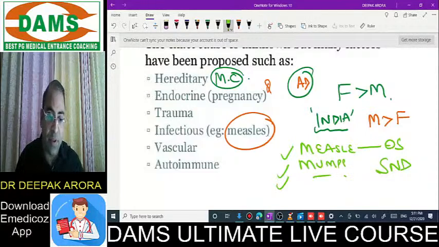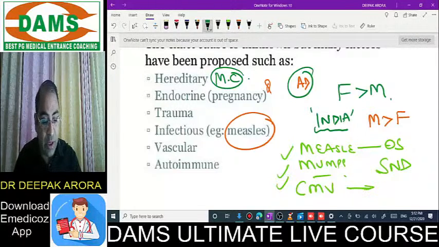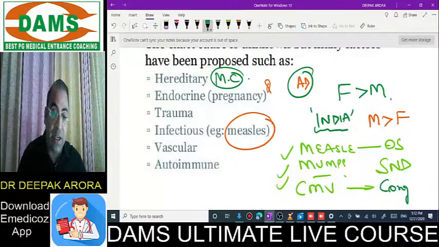Always remember mumps. And cytomegalovirus, CMV, is most commonly associated with congenital deafness. 3 points: measles, otosclerosis; mumps, sensorineural deafness; and cytomegalovirus, congenital deafness.